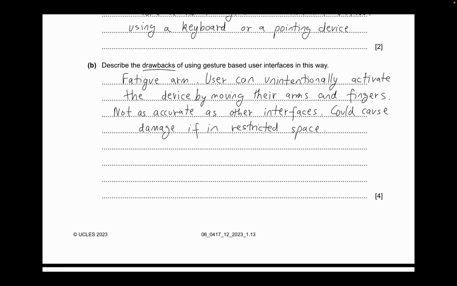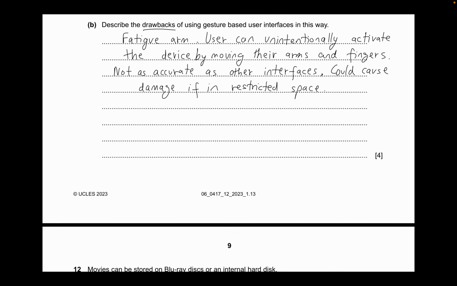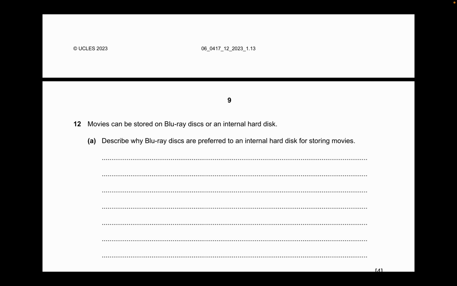You can also mention that there may be a limited number of gestures that can be used. You can also mention that you have to learn the gestures accurately, otherwise they may not be identified. So these are some of the 4 points that you can write to score these 4 marks. 1, 2, 3, 4 points. Yeah, 4 points to score these 4 marks. Okay, let's move on to the next question.